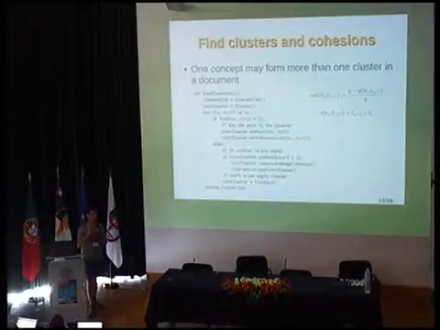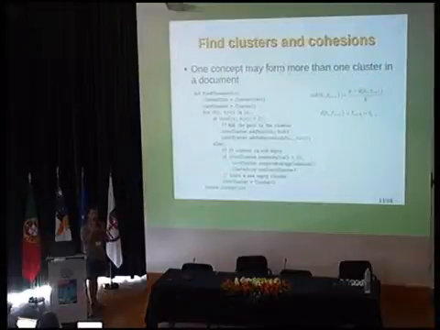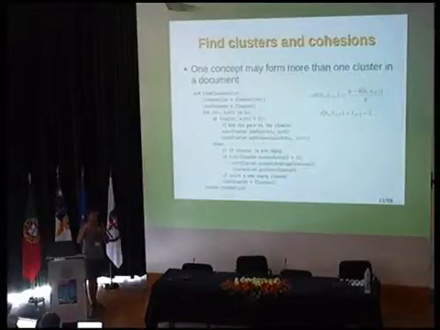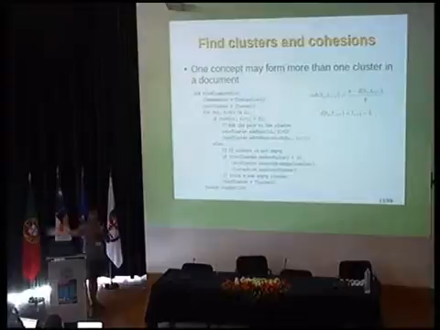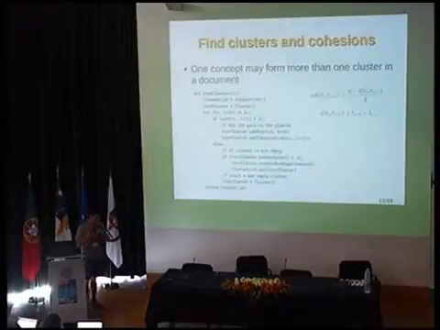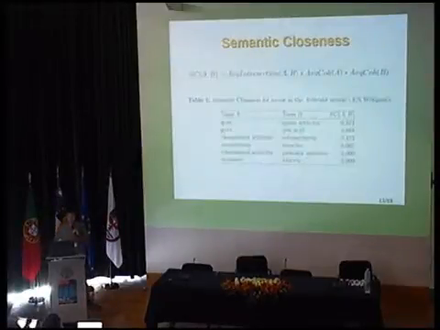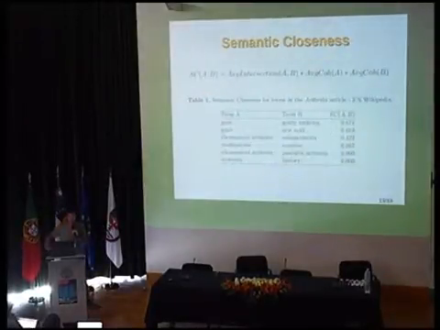The cohesion is just a measure to say how cohesive a cluster is. If the occurrences of the concept in a cluster are very separated, the cohesion is less. If they are nearer to each other, the cohesion is bigger.